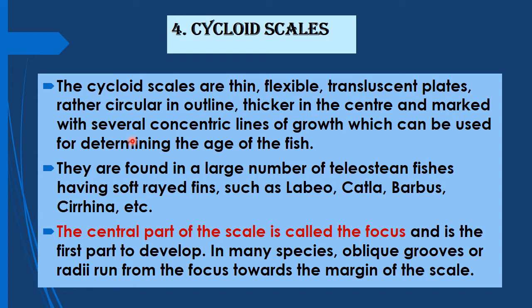They are found in large numbers of teleostean fishes having soft rayed fins, such as Labeo, Catla, Barbus, Cirrhina, etc. The central part of the scale is called the focus and is the first part to develop. In many species, oblique grooves or radii run from the focus towards the margin of the scale.